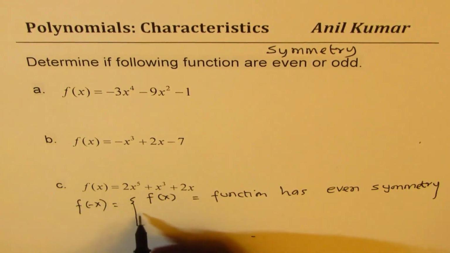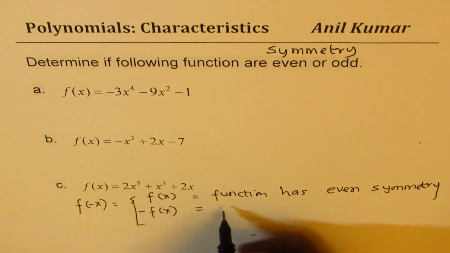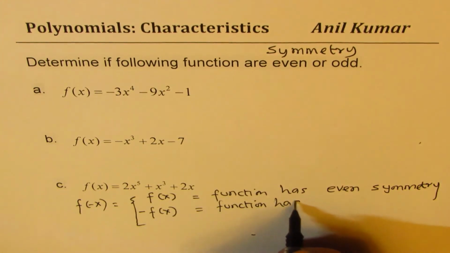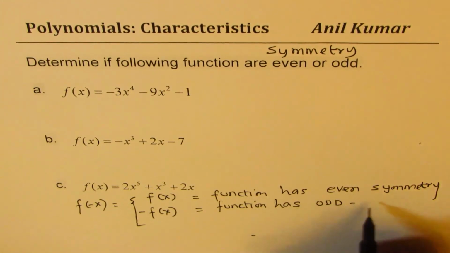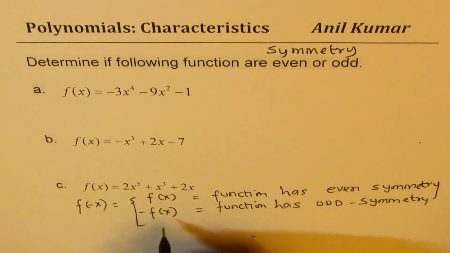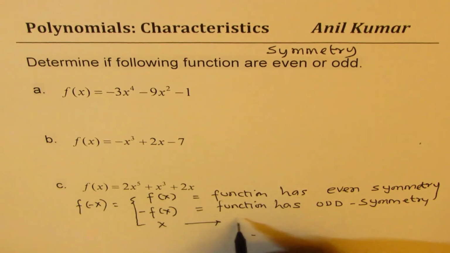If f of minus x is equal to minus of f of x, then we say that the function has odd symmetry. Anything else, if nothing like this, in that case we say neither.